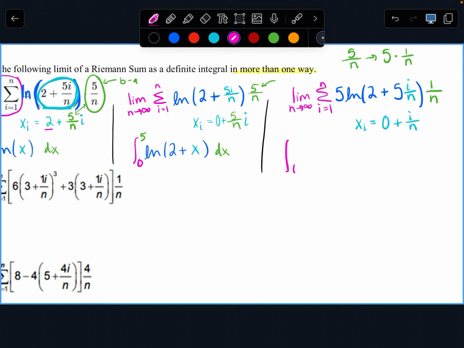So for my integral, I want it to go from 0 to 1, because my width is 1. And my function is going to be 5 natural log of 2 plus 5. And my x is right here. Told you it's hard.